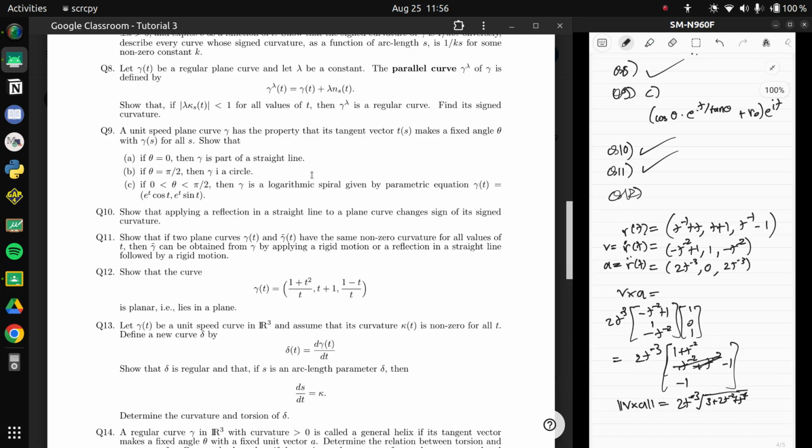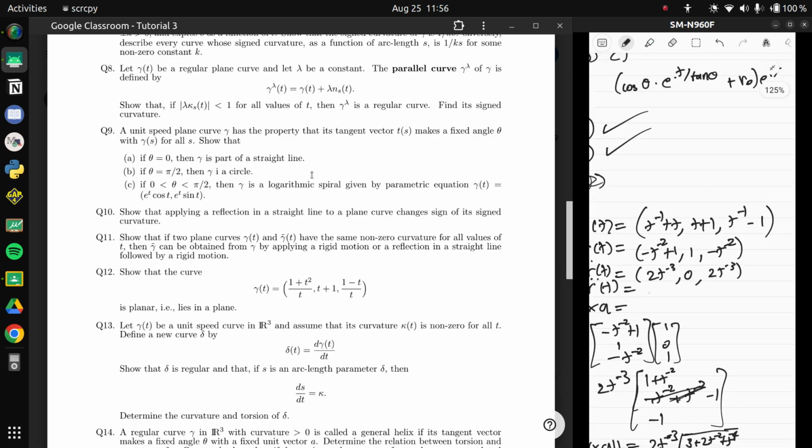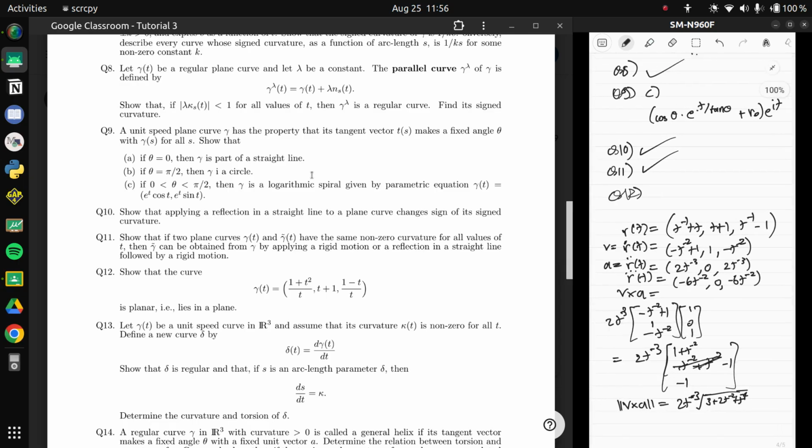Right. Okay, so that's the thing. Next we also want r triple dot. That would be (negative 6t to the power negative 2, 0, negative 6t to the power negative 2). So that's exactly proportional to r double dot. What does that mean?